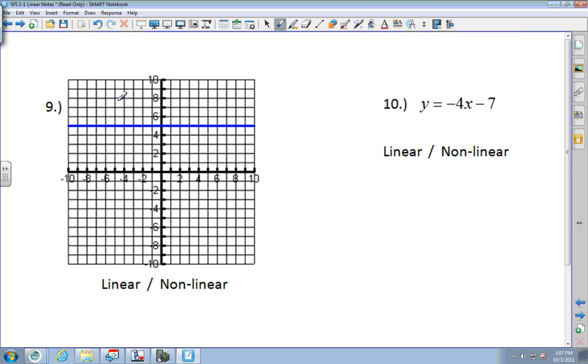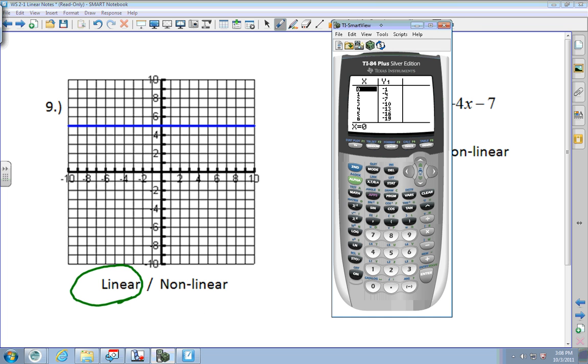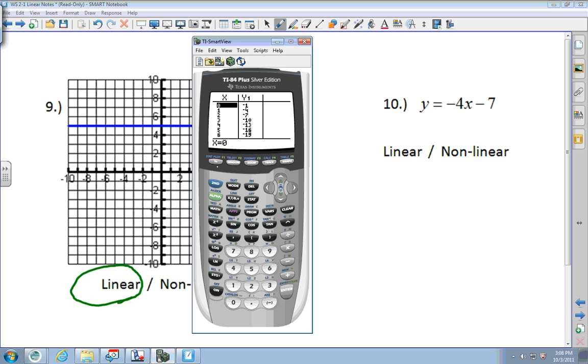The next one, look at number 9. Is that linear? Does it make a straight line? Sure does. Number 10. Look, it gives us an equation, and we need to figure out if it's linear or nonlinear. Well, one way you look at this, I see that it's just a regular x. I know that it's linear. But right now, let me move this calculator over here because we are going to have it to help us.